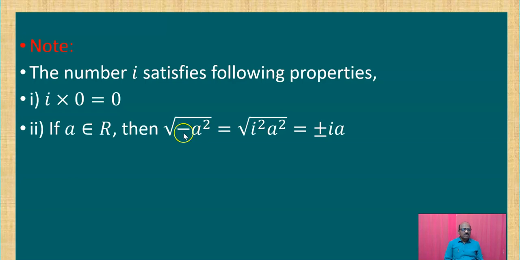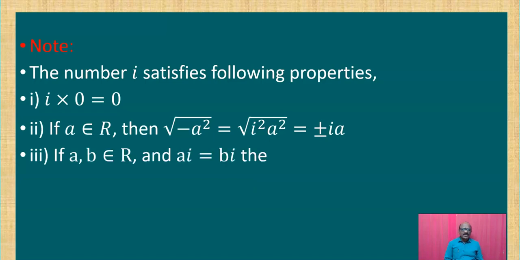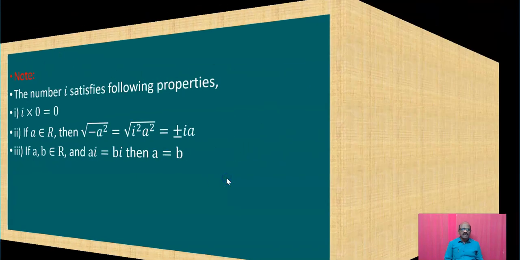Minus a square means minus 1 into a square, and minus 1 means i square. If you take their square root, you will get plus or minus ia. Next, if a, b belong to the set of real numbers and ai is equal to bi, then a is equal to b.